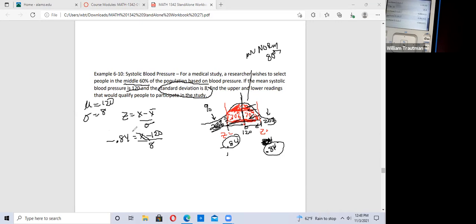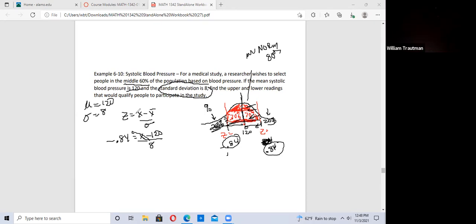Take the 8 to the other side by multiplying by 8, negative 0.84 times 8. I get negative 6.72 equals x minus 120.